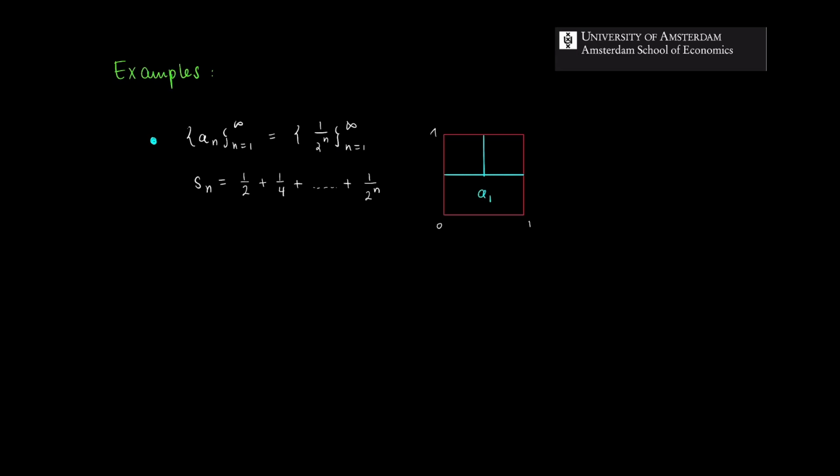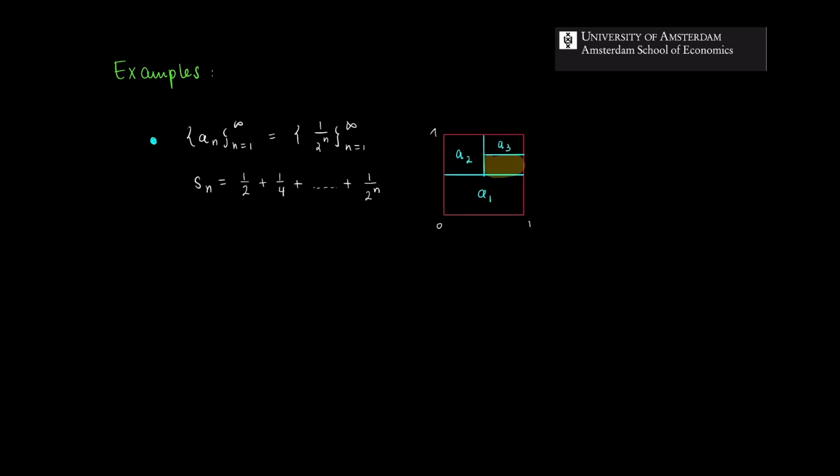Then we take the upper half of the upper half of this square and divide it by 2, right? So one of these smaller squares now equals A2. In this way we keep adding up, so S2 is the area covered by A1 and A2. And this way we can continue by adding up A3, and we keep adding up.